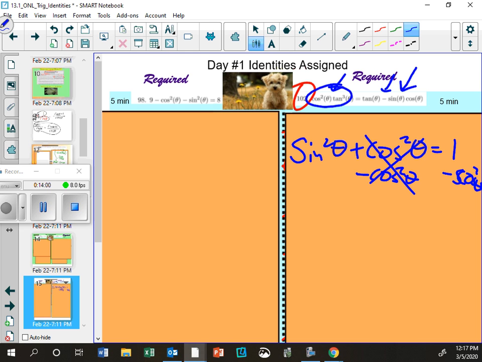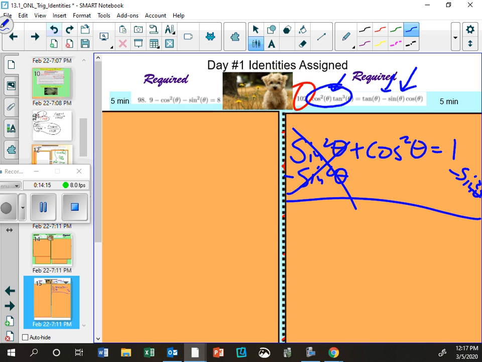But I don't want cosine, Mr. Server. I want sine. Okay, fine. Then we'll subtract sine squared from both sides. If I subtract sine squared from both sides, that cosine squared would have a 1 minus sine squared in it, wouldn't it?